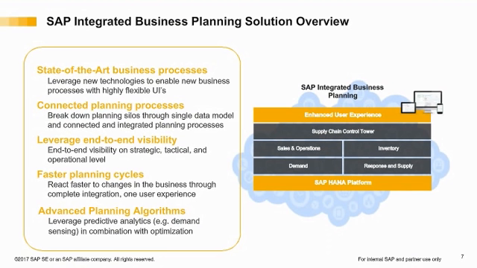Secondly, we used web user interfaces. We also acquired smart apps to get inventory optimization algorithms. We got demand sensing algorithms, forecasting, and we leveraged things like predictive analytics. All those improvements have been unified into one big supply chain planning experience.